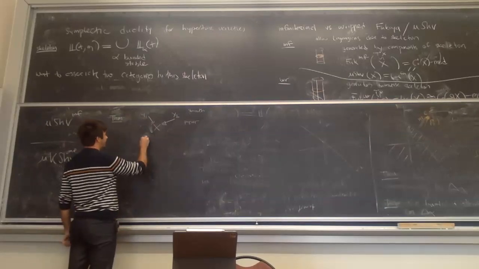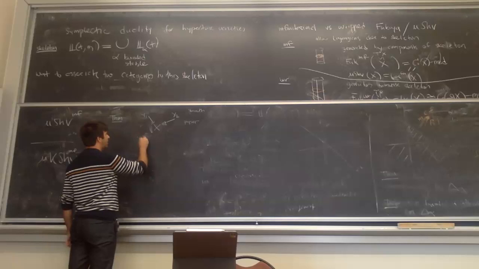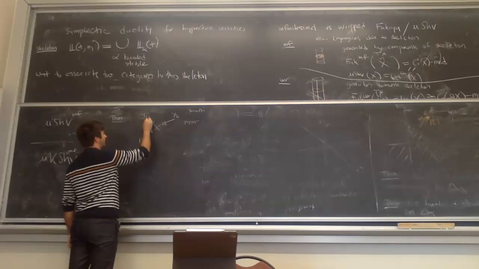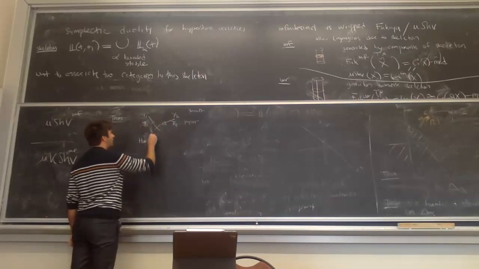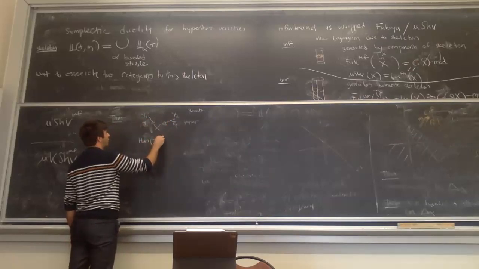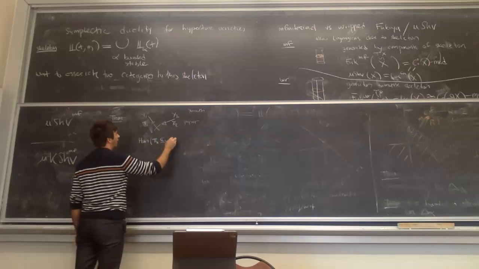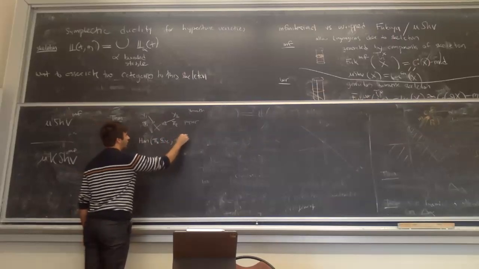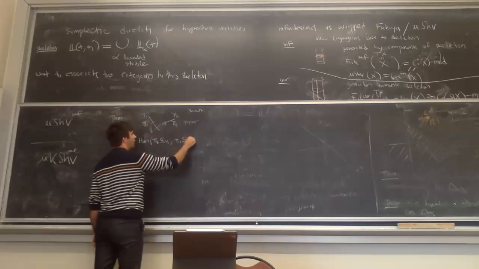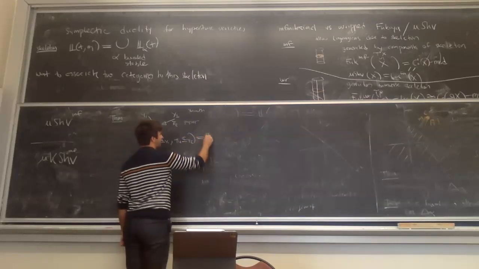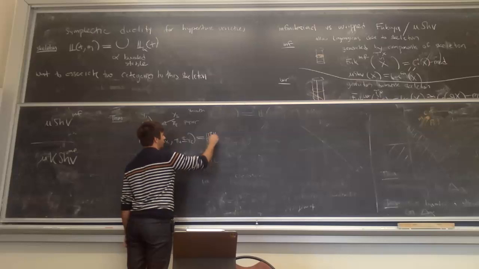Then, calling these maps pi1 and pi2, the Hom between the push forward of the constant sheaf on y1 and the push forward of the constant sheaf on y2 is basically just given by the Borel-Moore homology of the fiber product.